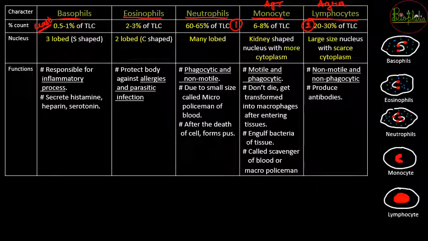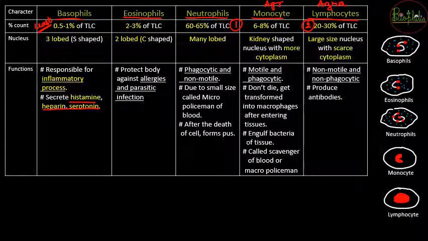Now if we talk about functions, basophils are going to be responsible for inflammatory processes, that is, wherever there is anything swollen, that swelling is going to be because of basophils. Basophils are cells that release histamine, heparin and serotonin, and because of this release there is going to be an inflammatory process at their site.